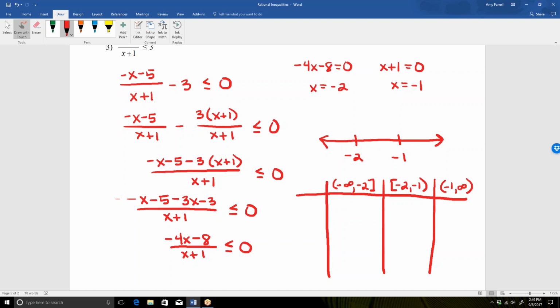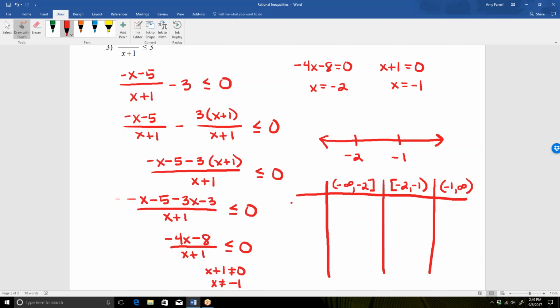So we do not want to put a bracket by the negative 1, which would imply that negative 1 is part of our solution set. Negative 1 is not part of our solution set. x plus 1 cannot equal 0 because division by 0 is undefined. So negative 1 is not part of our solution set. We have to make sure that whatever we get from setting the factor in the denominator equal to 0, we put a parenthesis right by that number no matter what the original inequality symbol is.